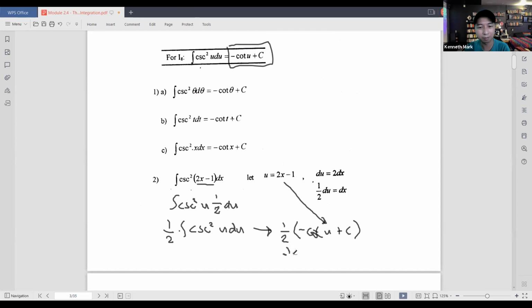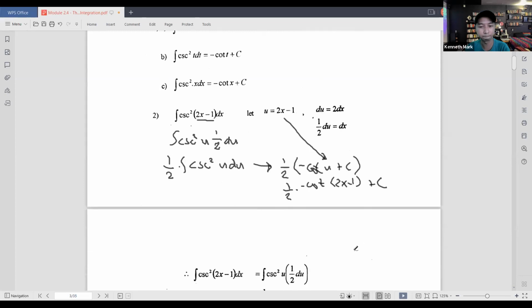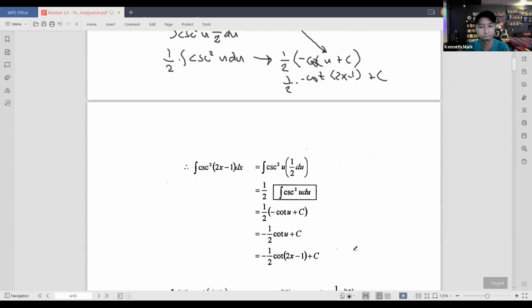So you will now have 1/2 times negative cotangent of 2x minus 1 plus c. Yan na yan. Or simplify mo na lang, divide mo na lang by 2 overall.